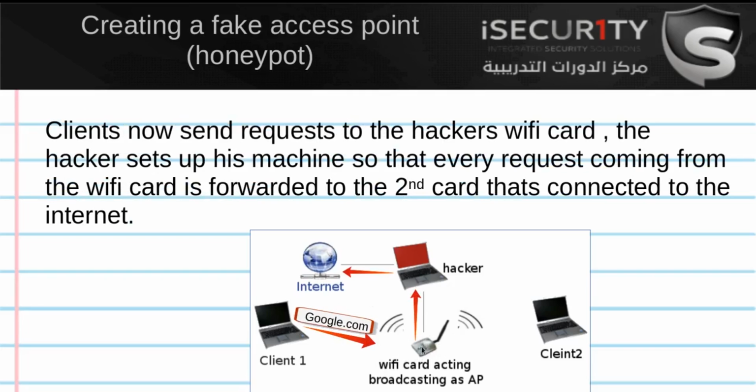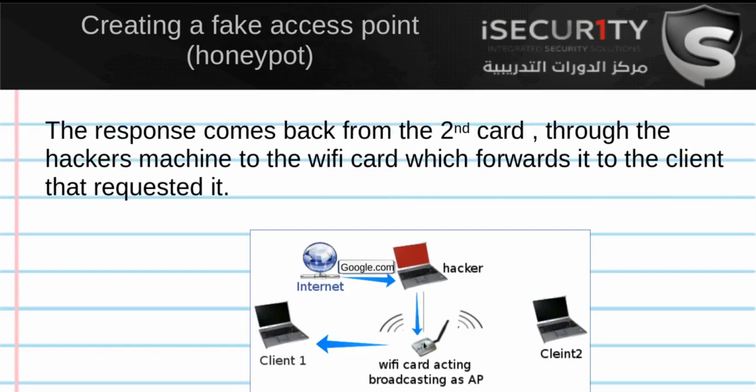We're going to set up our device in a way that once the Wi-Fi card gets a request, it asks the wired card that has internet connection. The wired card is going to bring google.com and bring it back to the Wi-Fi card. The Wi-Fi card will forward the packets back to client number 1. That's the theory part of how a fake access point is going to work.